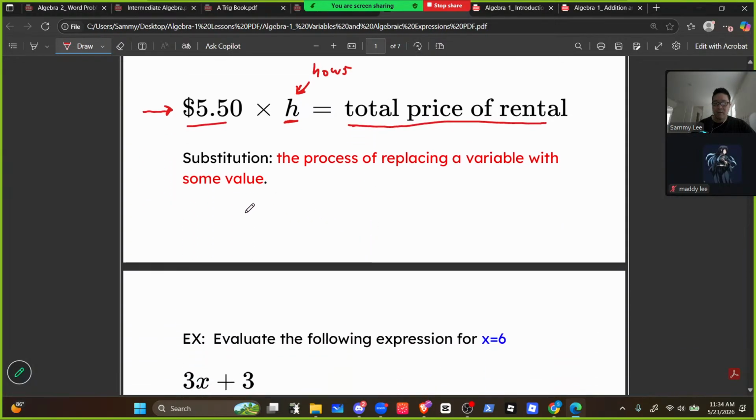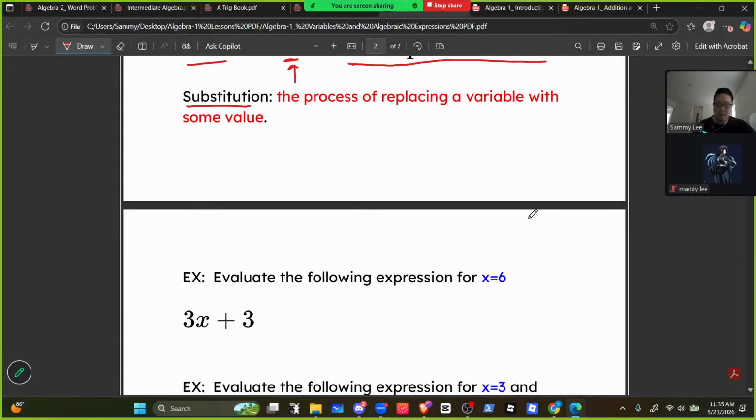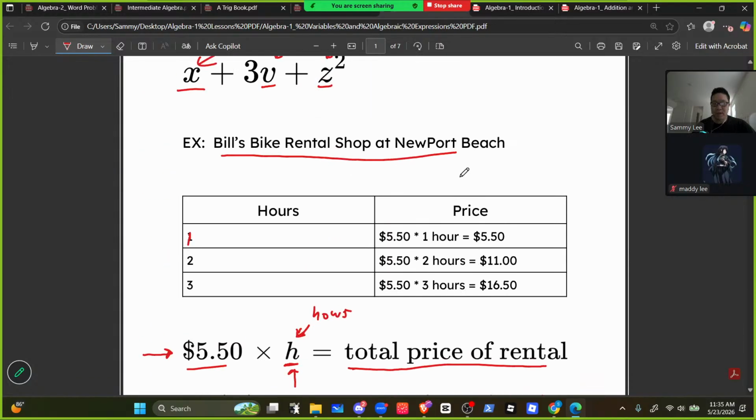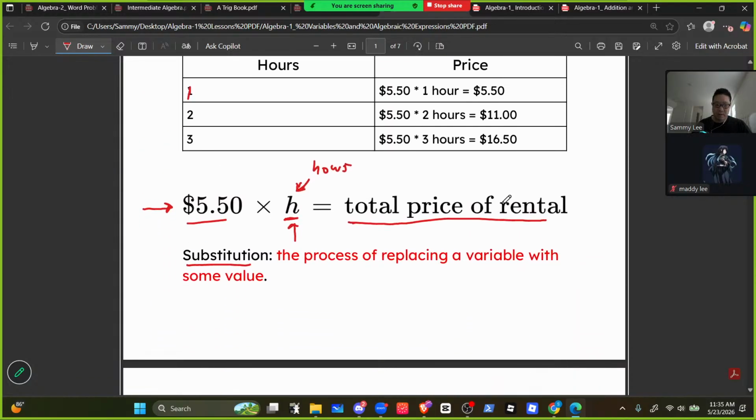What we're doing here, when we plug a value into a variable, is called substitution. It's the process of replacing a variable with some value. Anytime you plug in some value into a variable in an equation or an expression, it's called substitution.